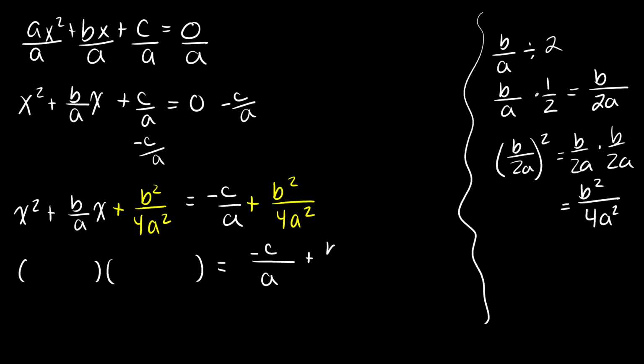You'll notice that I've got a denominator of 4a squared, and this denominator only has an a, so this needs the 4 and it needs another a. So I'm going to multiply that by 4a over 4a. All right, so that is multiplication right there.